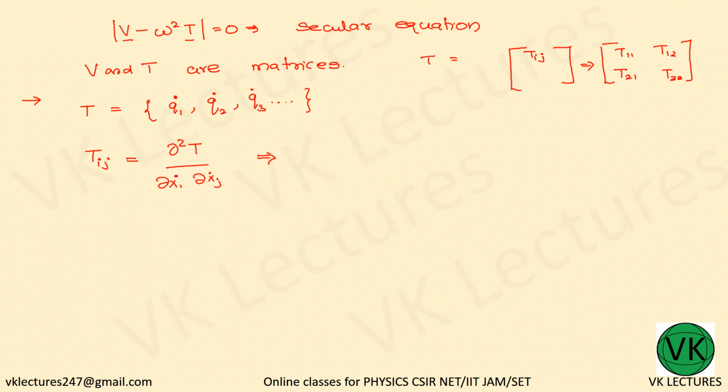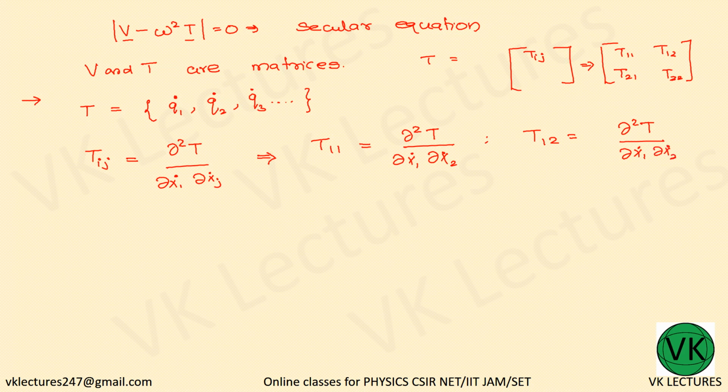Now we can write T11 as equal to dou square T by dou x1 dot, dou x1 dot. Now let us also write down how to write T12, that will be equal to dou square T divided by dou x1 dot, dou x2 dot.